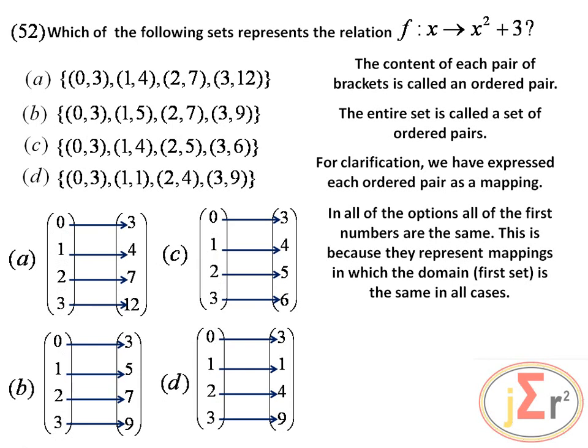This is because they represent mappings in which the domain, which is the set of first numbers, is the same in all cases. So all of these first numbers are the same in every single case because in every single case the domain is the same. That is why we have all of them being equal.